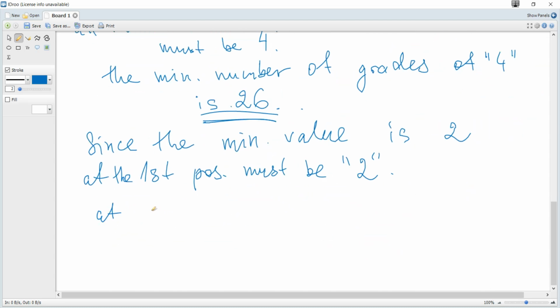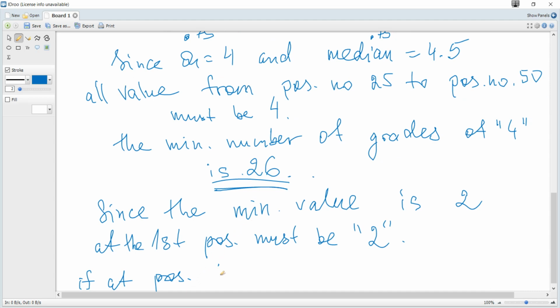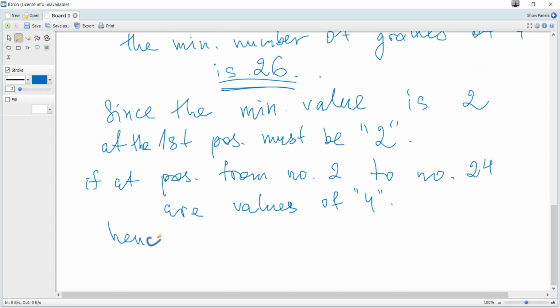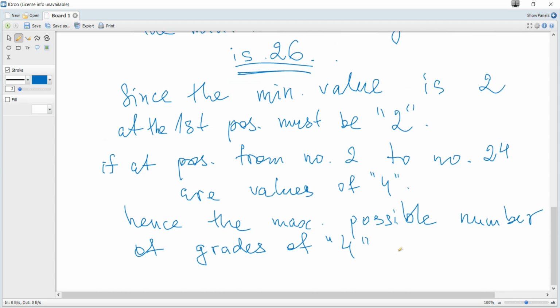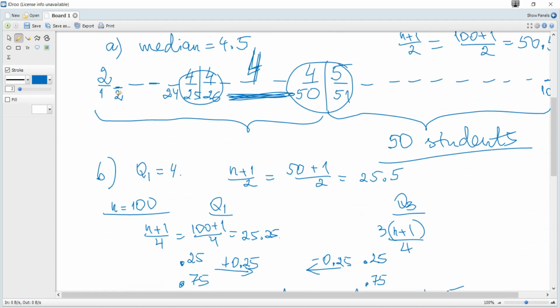If positions from number 2 up to number 24 are values of 4, hence the maximum possible number of grades of 4 is 26, plus additionally, from position number 2 to position number 24 there are 23 values.